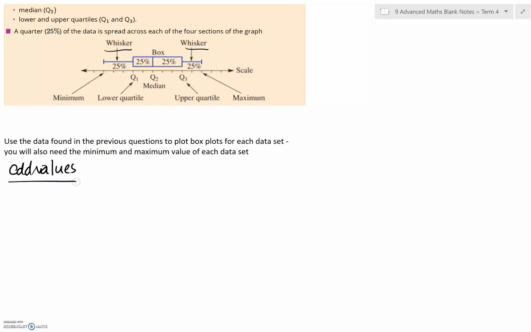The first thing we need is a scale along the bottom, some type of straight scale, and usually you have arrows on either end showing it is still going. The values we were working with here, the minimum was 19 and the upper was 96. So we need quite a long range of data here. I might go up to 100 here: 10, 20, 30, 40, 50, 60, 70, 80, 90, 100, or whatever fits.